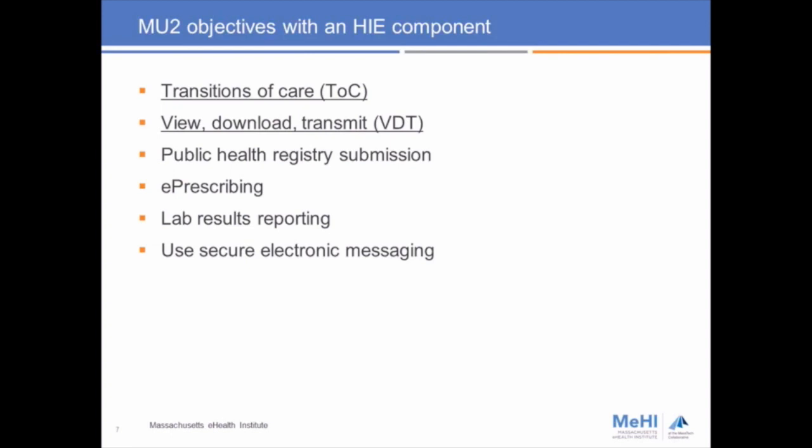But the two that we're going to focus on are the transitions of care, also known as the summary of care, and the view, download, transmit, which is patient electronic access, more commonly considered the portal. And then Sean will spend a little bit introducing us to the health registry submission. The last three we're not going to address at this point: e-prescribing, lab results, secure electronic messaging.